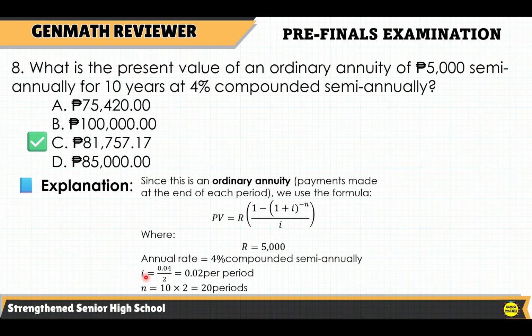The I is 0.04 over 2 or 0.02 per period, and n is 20 periods. Substituting in the formula using your scientific calculator, the answer is 81,757 point, approximately, since 0.17 is closer to this answer, that's why letter C is the answer.